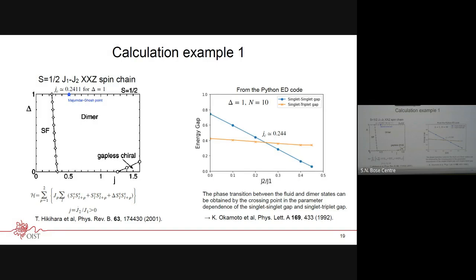I computed the singlet gap and the triplet gap, as shown here, for the n equal 10 spin system and delta equal 1, by using my Python example code. And you can see that this crossing point corresponds to the phase transition point reported in this paper.